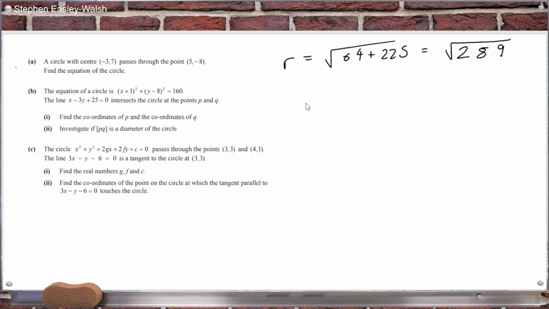I'll have to check on my calculator if there is a convenient square root. Root 289 is 17. Okay. So that will be (x + 3) squared plus (y - 7) squared equals 17 squared. Alright, that's the first part.